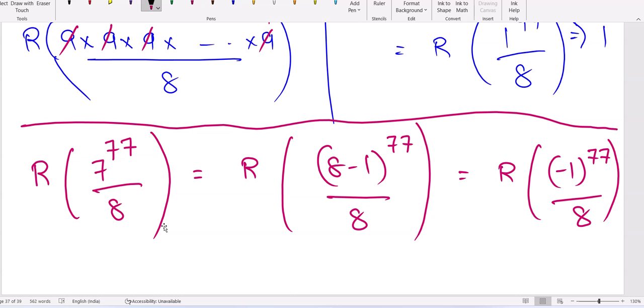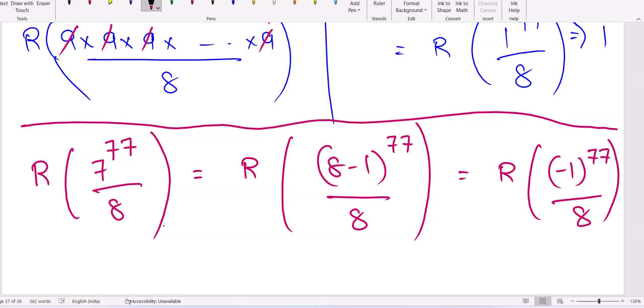If you go for a plus b whole power 4 or a plus b whole power n also, maybe during your intermediate or during your probability of permutation combination, there is binomial theorem if I am not wrong. A plus b whole power n, nc naught a power n, nc1 a power n minus 1 b power 1, nc2 a power n minus 2 b square, so on ncn b power n. Except the last term, remaining all are having a.